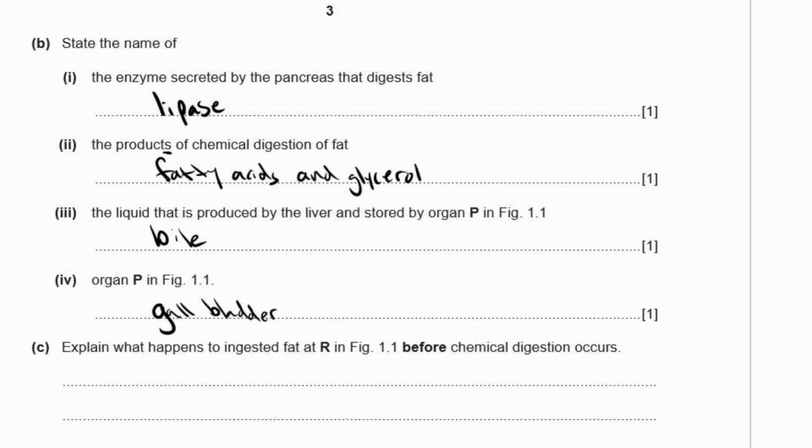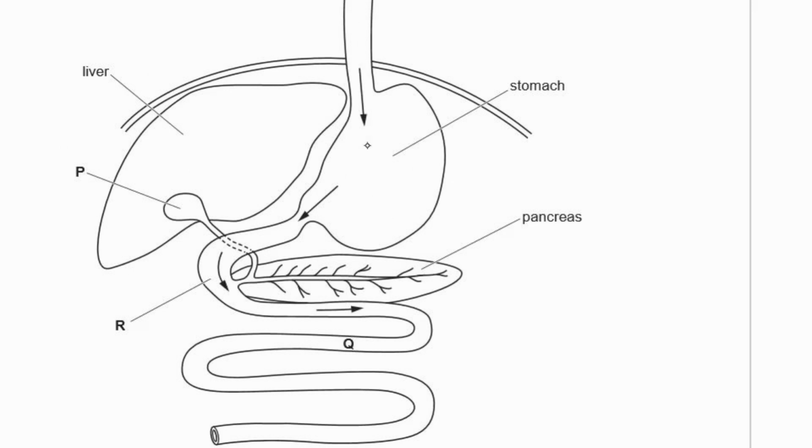All right. C. Explain what happens to ingested fat at R in figure 1.1 before chemical digestion occurs. So the fat comes down through the esophagus into the stomach, into the duodenum, and then before it gets to the enzymes from the pancreas, what happens? Well, the main thing is the bile is secreted from the gallbladder.